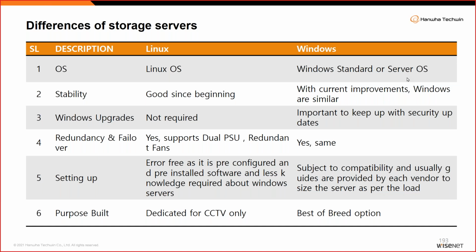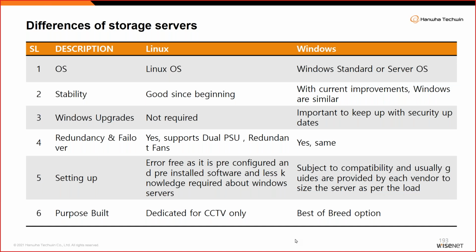Plus you have to pay for Windows license. Okay, that is another thing. So that's why Windows is slightly more expensive. And because with Windows there is no limit in terms of what kind of hardware you will use. Depending on your budget, you will buy Xeon processor. Some of you will buy i5 processor. Some of you will buy i7 processor. You can buy exactly based on your project.